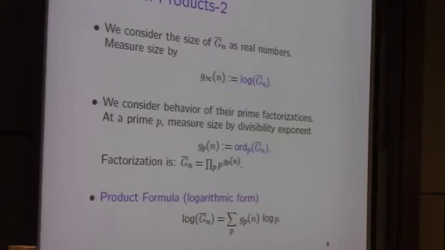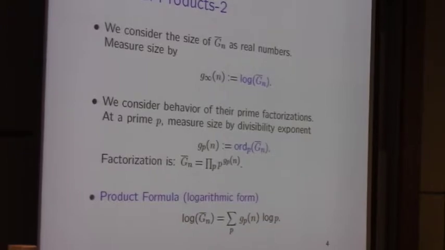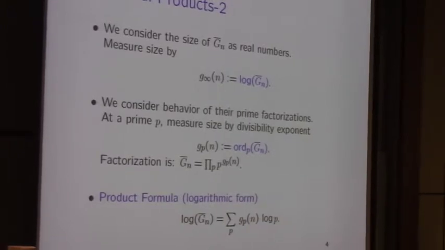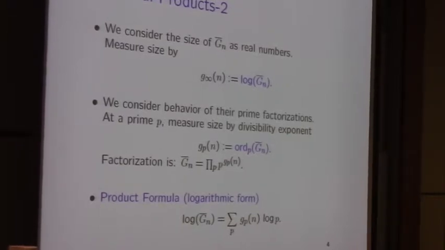So I will let ord_p of G_n be the exponent of, the number of powers of the prime p that divide G_n. So we have a formula which says that G_n factorizes as the product of p raised to this ord_p G_n. And if you take the logarithm of both sides, then you get a formula relating these two quantities. You get log G_n is equal to the summation of the exponents for each p times log p.